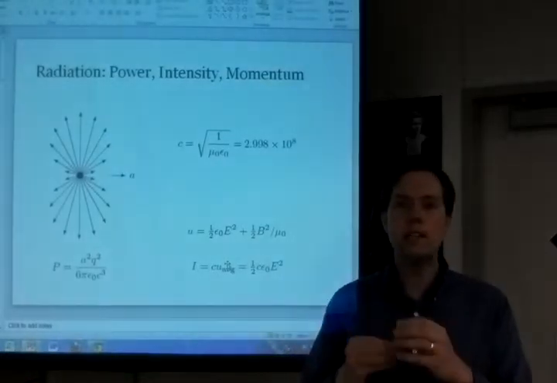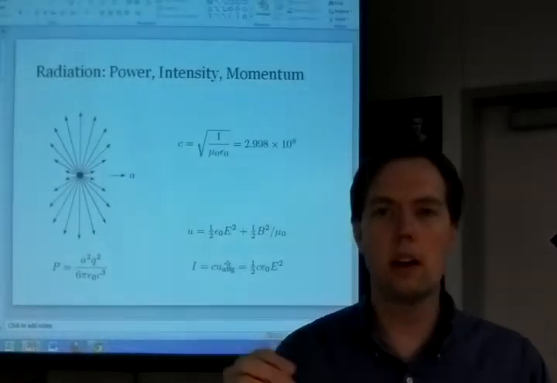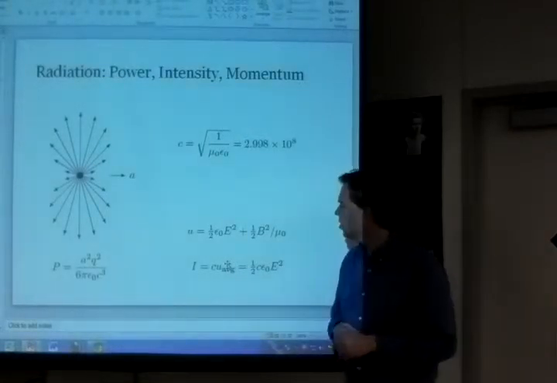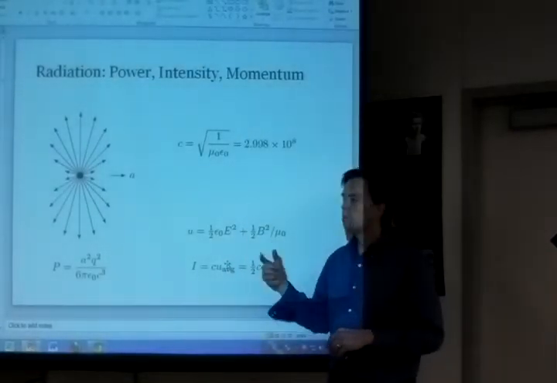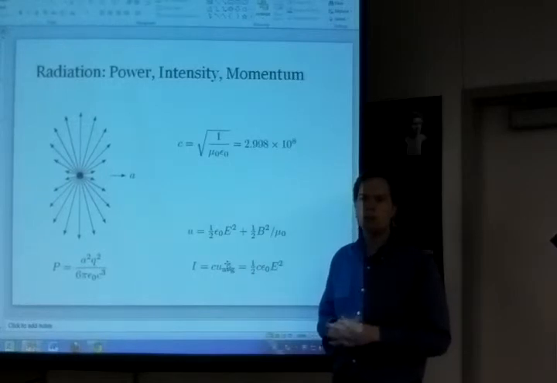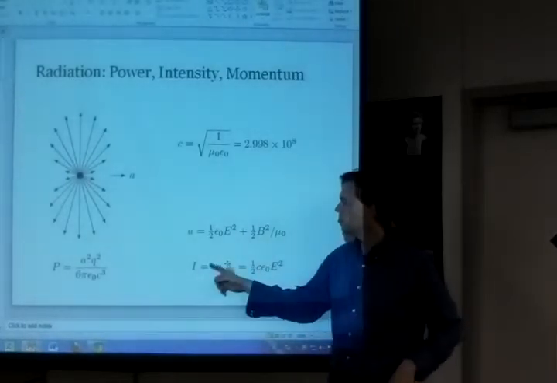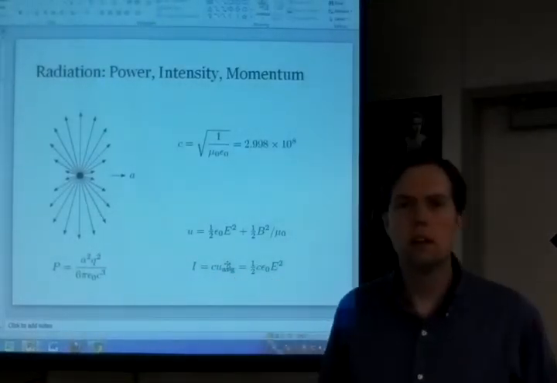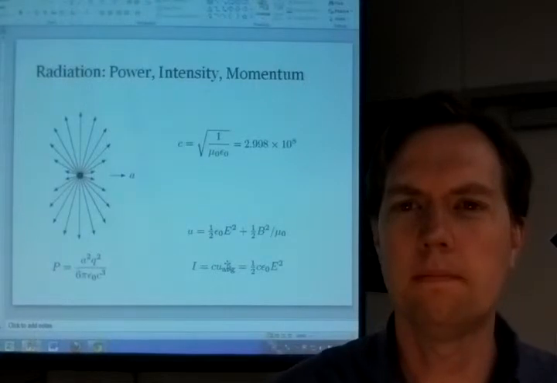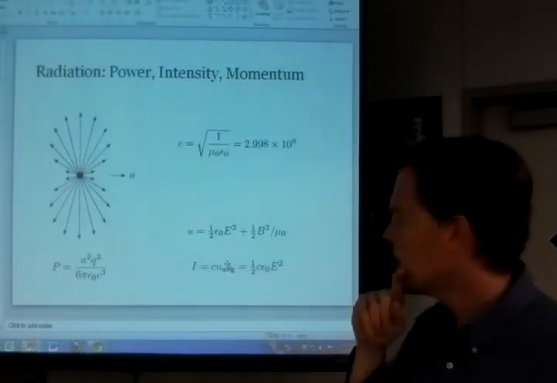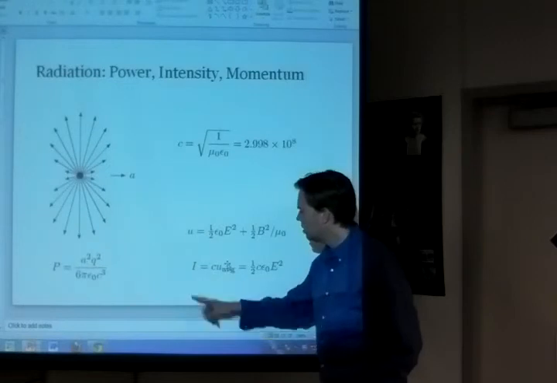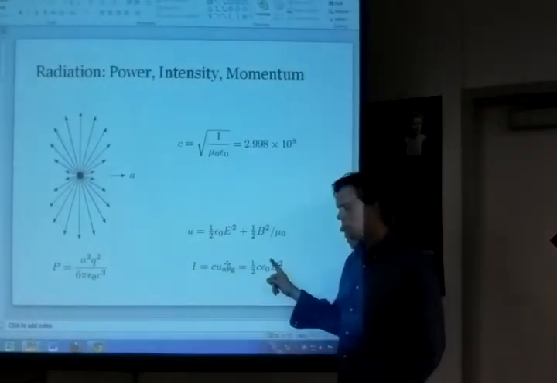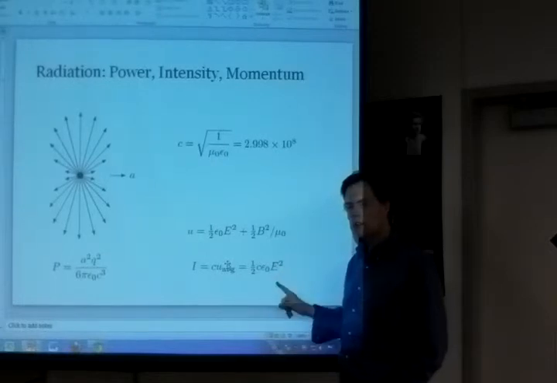Now, we require a particular configuration for electromagnetic radiation, and in that case, what happens is that the electric field and the magnetic field have to be proportional to one another. And so when that happens, basically the intensity that's associated with that is given by this formula here. The reason I wanted to mention that is that the intensity is directly proportional to the square of the electric field.